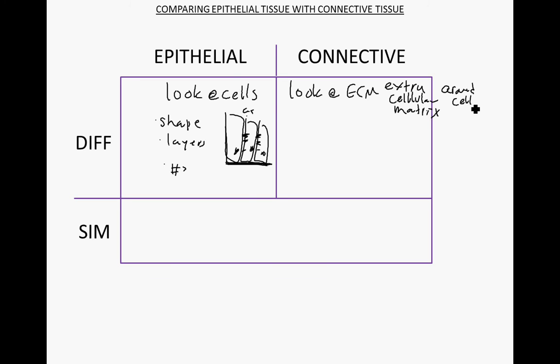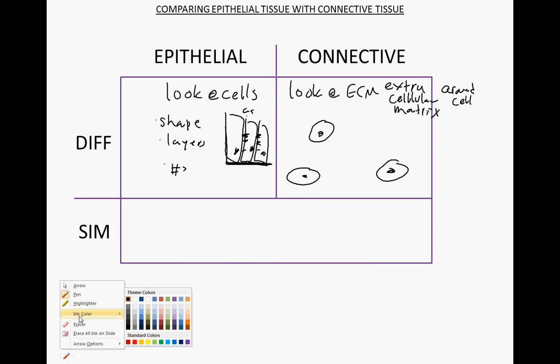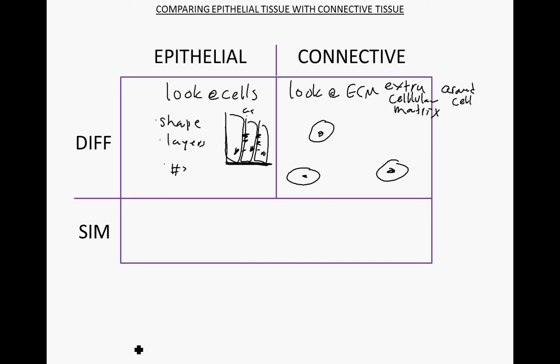We'll see that there definitely are cells in connective tissue, so here would be the cell, and here's the cell. But the cells are very spread out. They are not connected directly together to one another. There's no basement membrane or anything like that. And what we want to look at is the extracellular matrix. The extracellular matrix will be all of this environment that is around. That didn't change color.